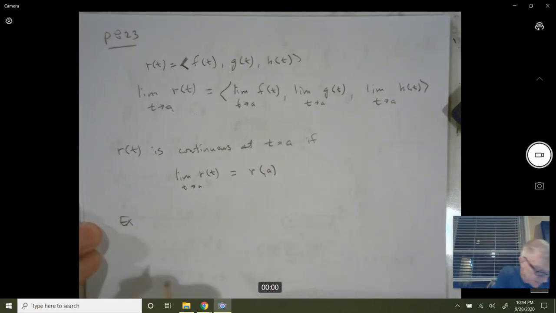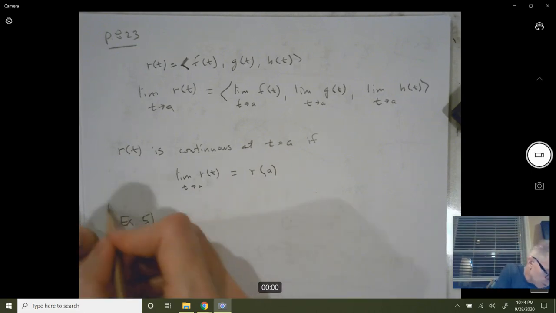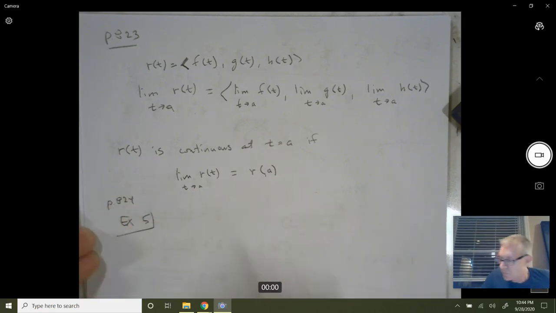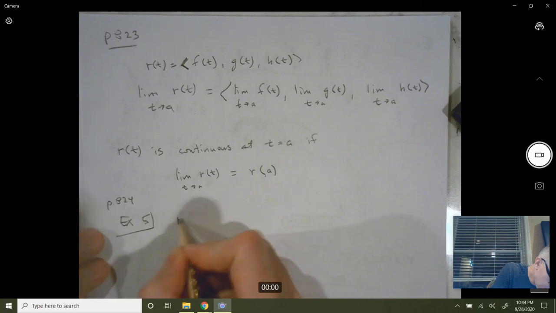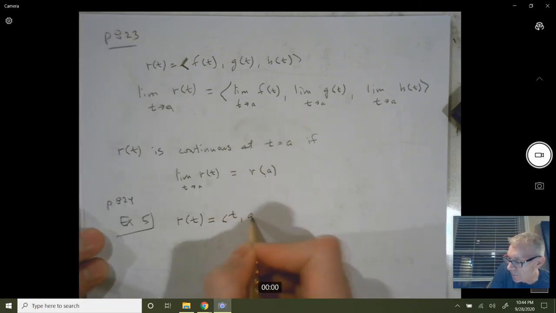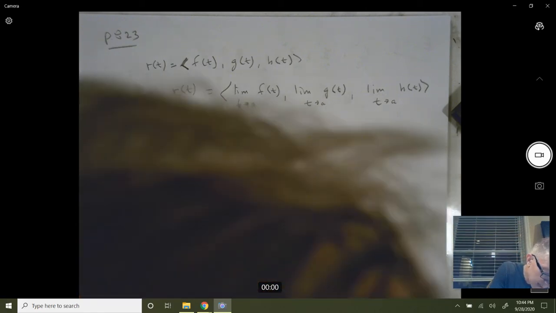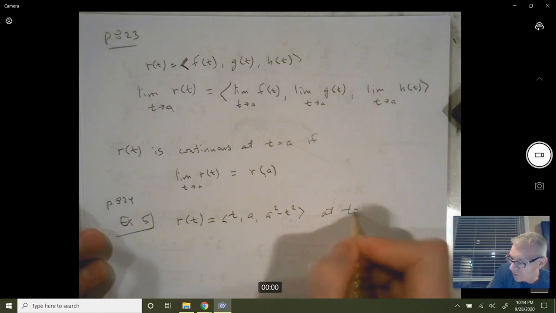Example 5. This is on page 824. Okay, so discuss the continuity of the vector valued function R of t equals t, a, a squared minus t squared at t equals 0.